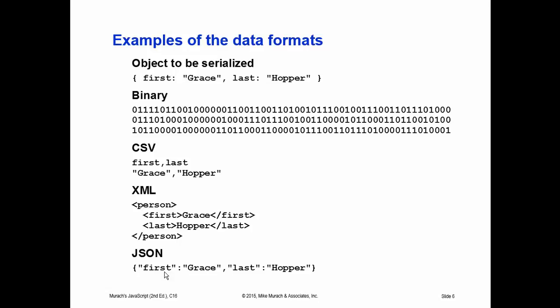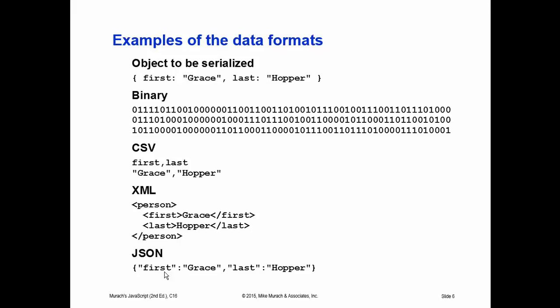And many people like JSON because it looks very similar to the way that you would set up an object in JavaScript. Whereas XML is a little bit more boxy, clunky, kind of harder to look at and harder to read. So JSON is more flexible than comma-separated variables.